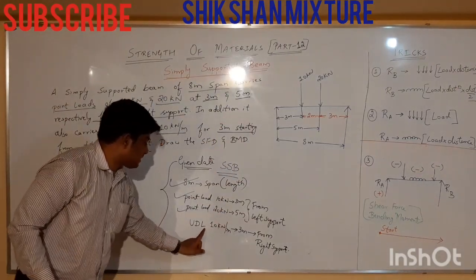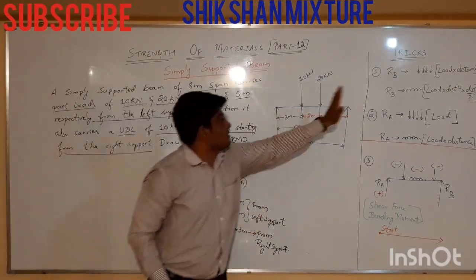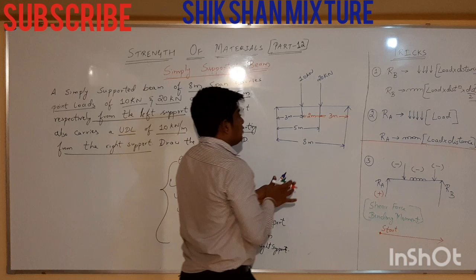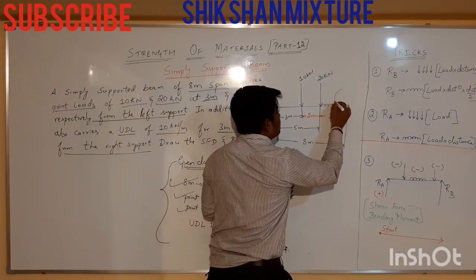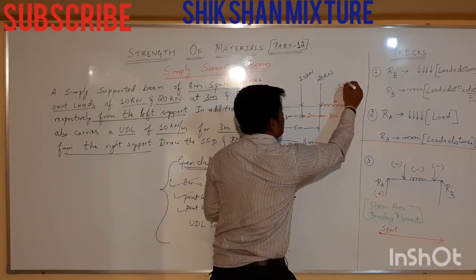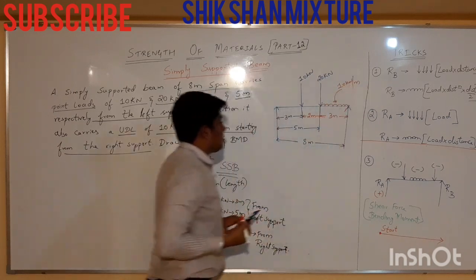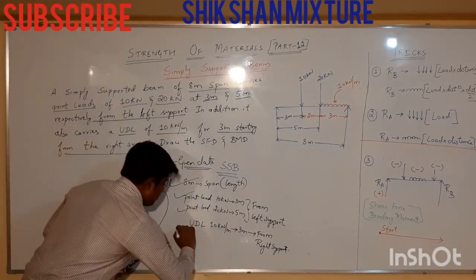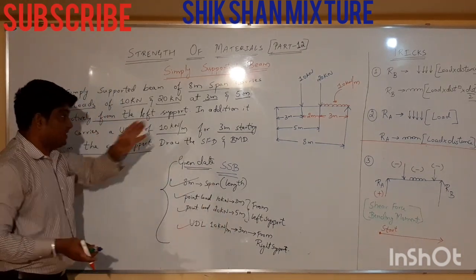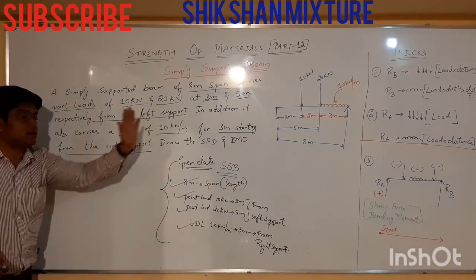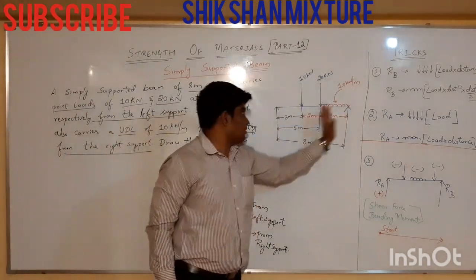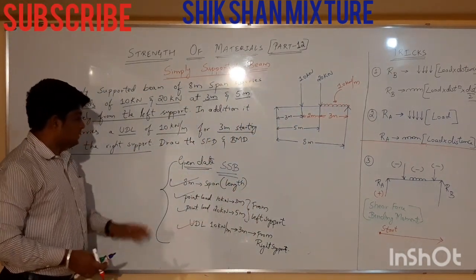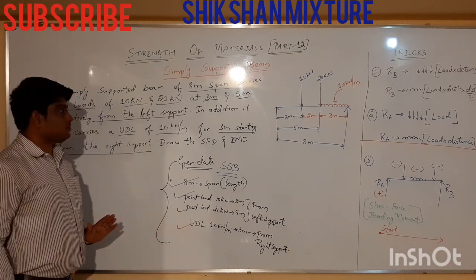Okay. What he has given is UDL from right support. This is right support. So here there is UDL. How much is it? 10 kilonewton per meter. UDL is also over. Take the screenshot of this. This is very important. This is left support. This is right support. Now there is no need of the question.